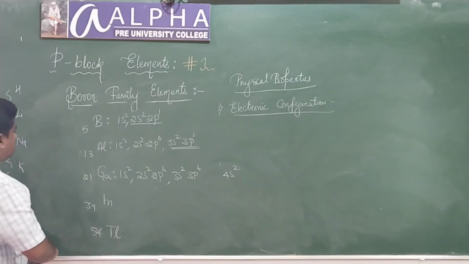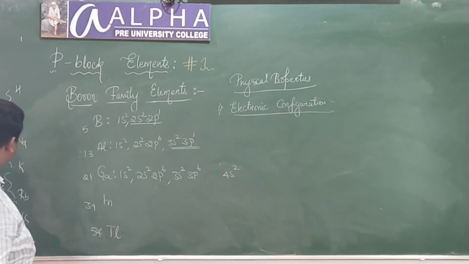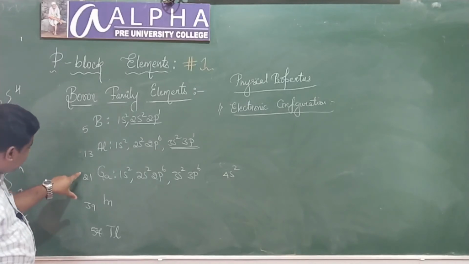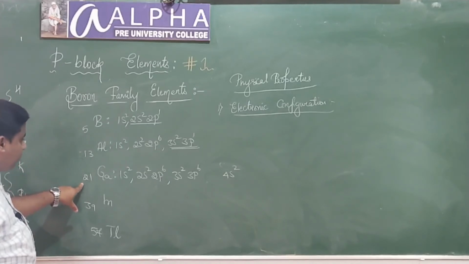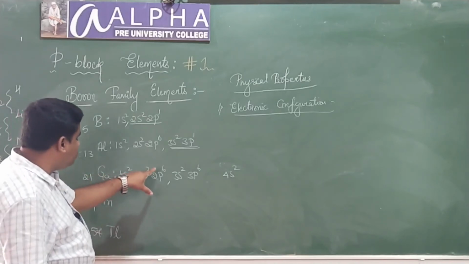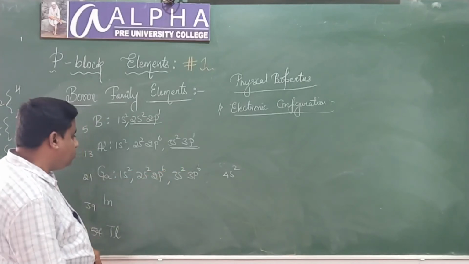Since we are already starting from the second period elements, we have to start with this, correct? 5 plus 8 is 13, no doubt. 13 plus 8 is 21. 1s2, 2s2, 2p6, 3s2, 3p6, 4s2.